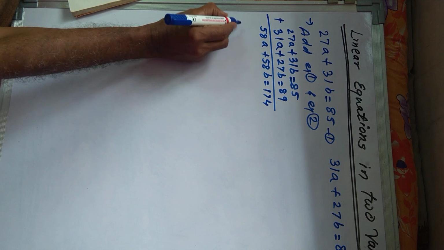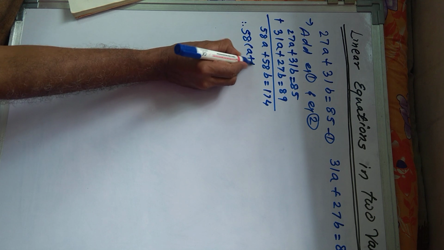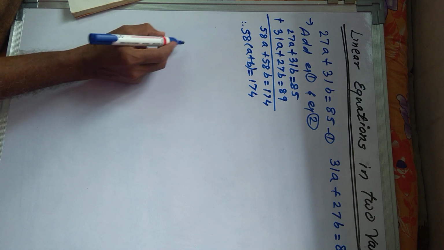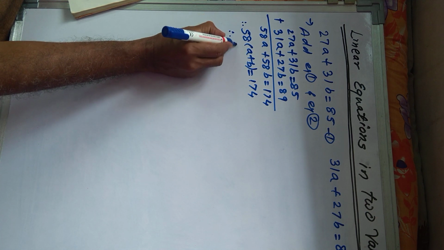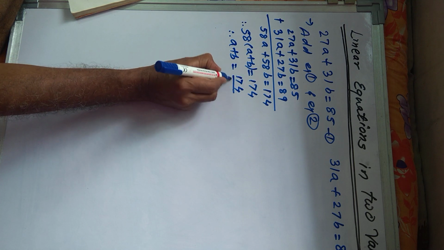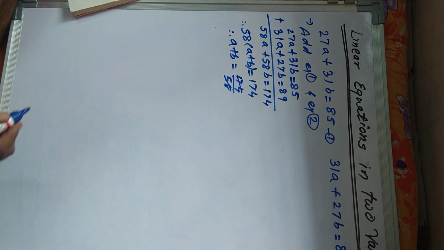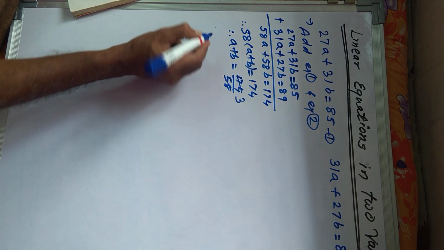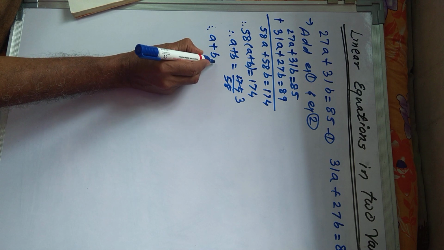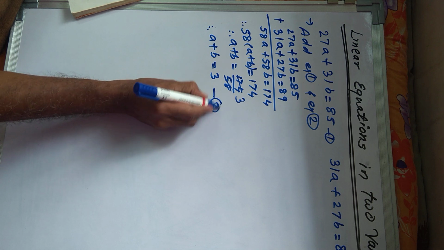Here 58 is common. A plus b is equal to 174. Take the 58 to the other side. We get a plus b is equal to 174 upon 58, which gives 3. Hence we get another equation, a plus b is equal to 3. That is equation number 3.